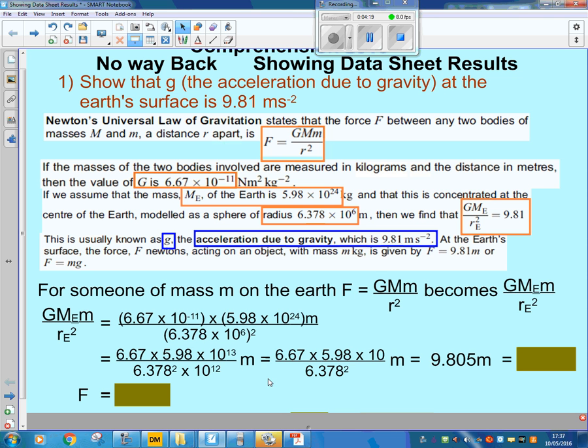Now notice I've left the m there, that's the mass of the person, and so that's still there at each stage. And this is approximately 9.81 m.